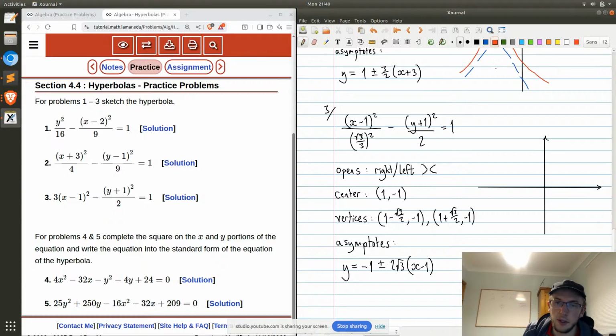Okay, first, where is the center? 1, negative 1, so something like there. Then, wait, well, we can put it out further than that. We'll just say it's like there-ish. Yeah, all right. Now, where are the vertices? So, 1 minus root 3 over 2, that'll be real close. And then 1 plus root 3 over 2, something like there-ish, right?